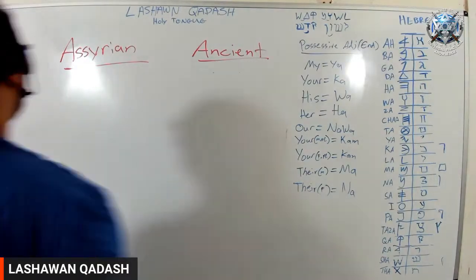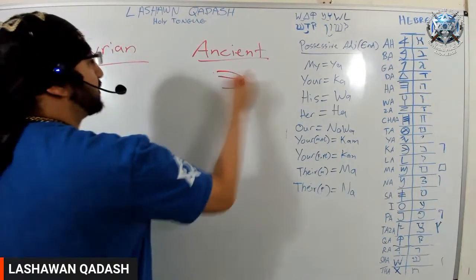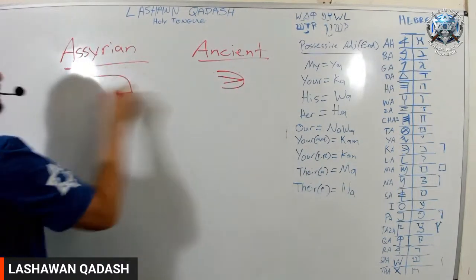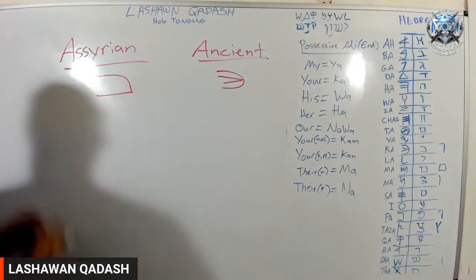If I say Ka, well, then you know you have to write the Ka in the ancient and then the Ka in the Assyrian, and that's how you complete one round, right?